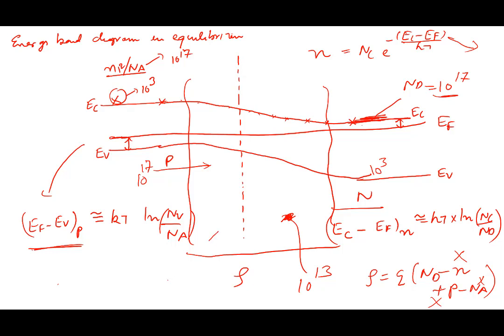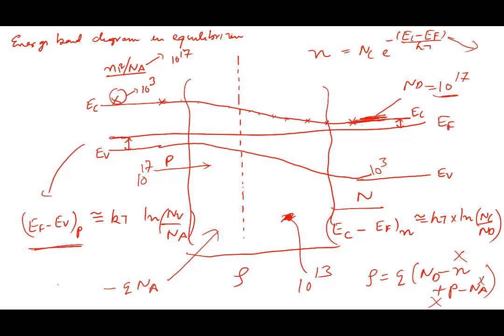Similarly, what do you think is the charge here? You should be able to show that the charge here will be equal to minus Q Na, if you write down rho equal to Q, again the same expression. In this region, again there are very few holes, very few electrons, no donor atoms, so there's a negative charge there.